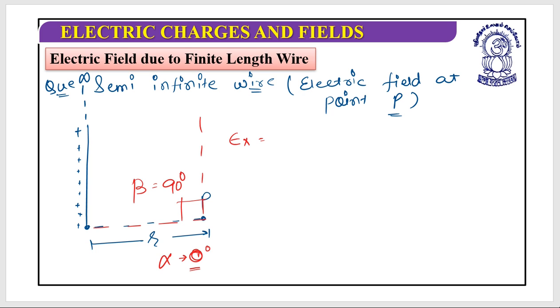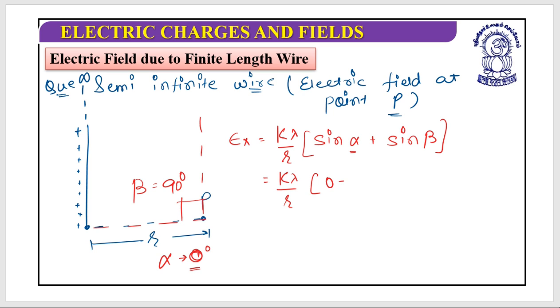I should put it into the numerical formulas. Ex is equal to k lambda by r into bracket sine alpha plus sine beta. When I replace the values, sine 0, what is it? Yes, you are right. Sine alpha will be 0 and sine beta is sine 90, which is 1. So that comes to k lambda by r.